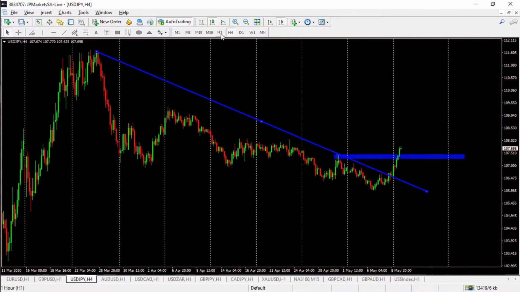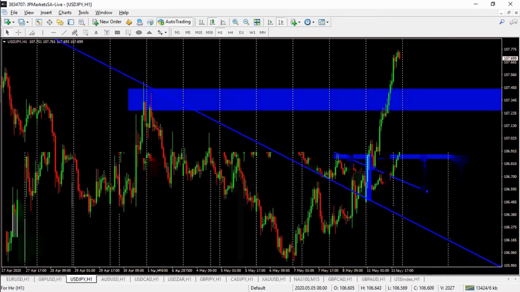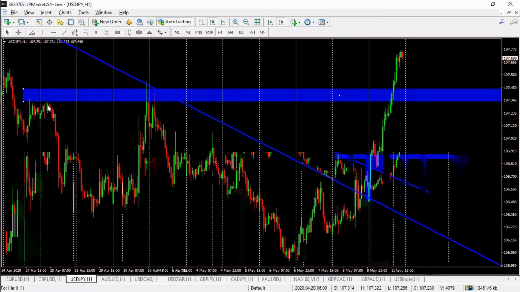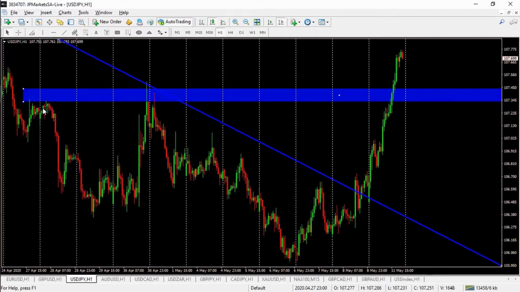Let's move to a smaller time frame. You can see when it comes to the 1 hour time frame, the previous one was a 4 hour, this structure is still relevant because I drew it from this resistance from way back.